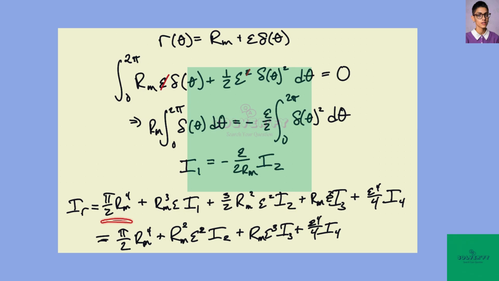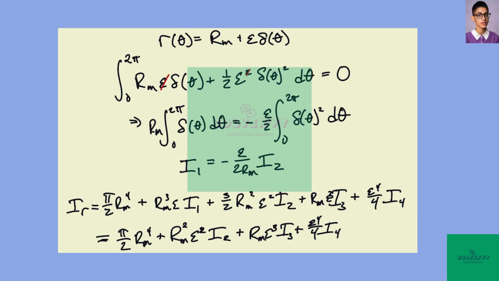We get pi over 2 rm to the fourth. This is also equal to A squared all over 2 pi if you use the relationship between A and rm. Then we have this term with this integral, and then the integral of delta squared, then an integral of delta cubed and an integral of delta to the fourth.